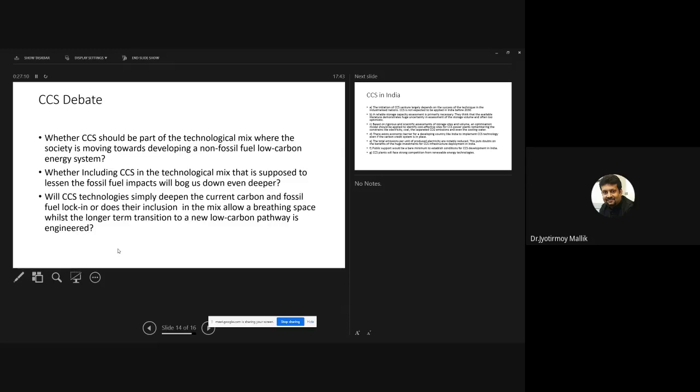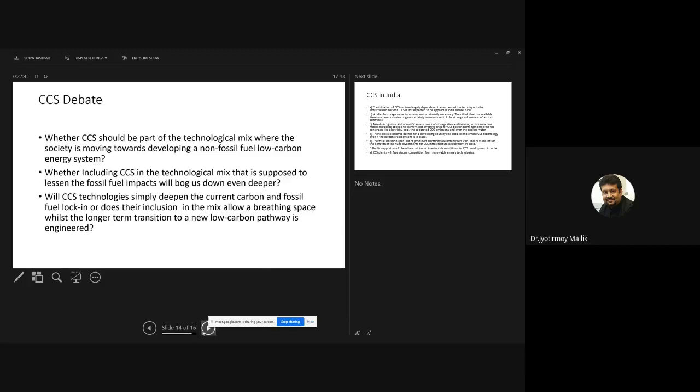Whether including CCS in the technological mix that is supposed to lessen the fossil fuel impacts will bog us down even deeper. Will CCS technologies simply deepen the current carbon and fossil fuel lock-in, or does this inclusion in a mix allow a breathing space whilst the longer term transition to the new low carbon pathway is engineered? Okay, that's what we just discussed.